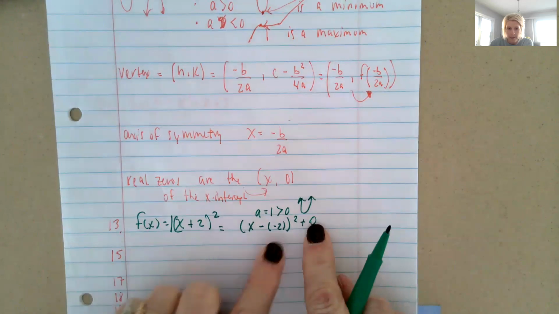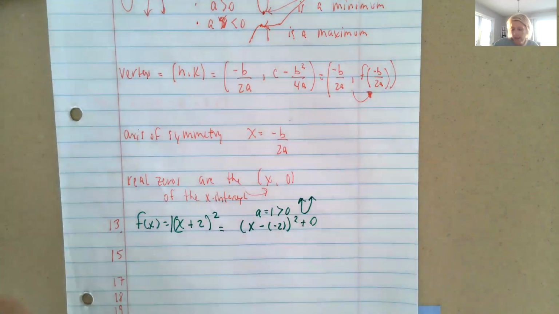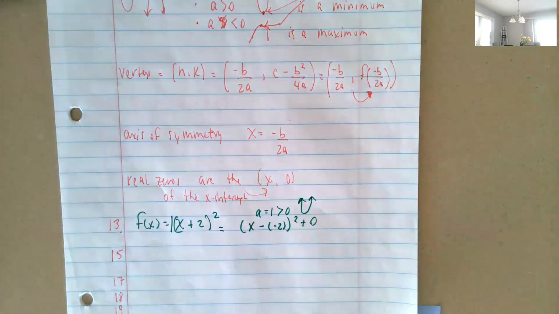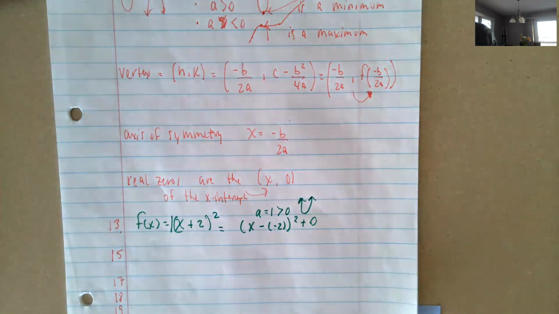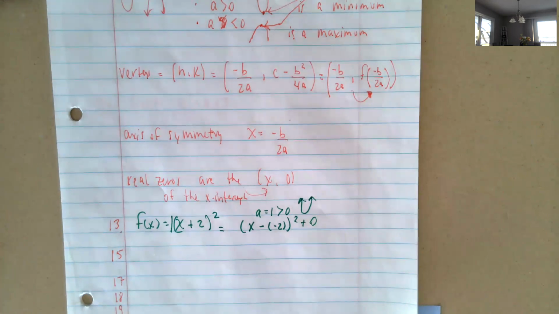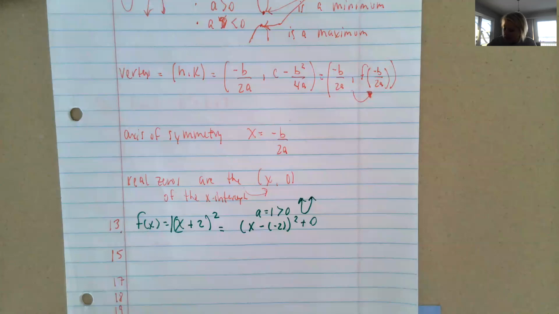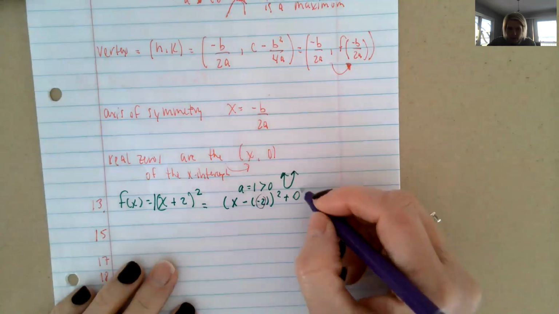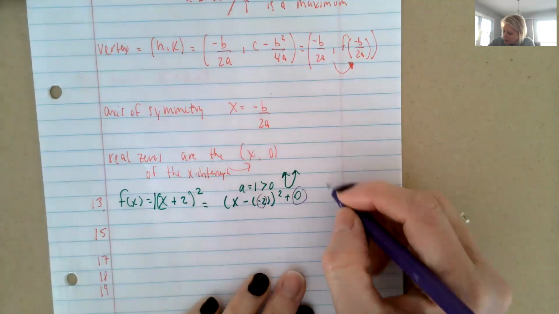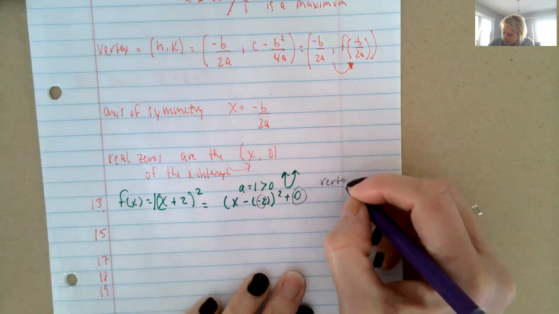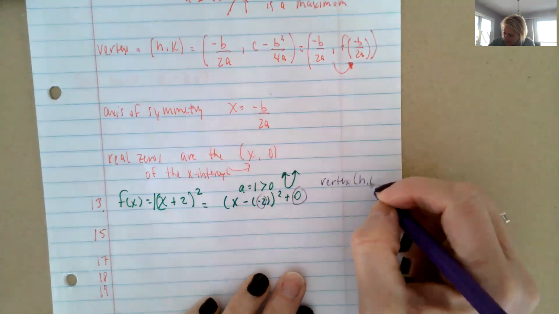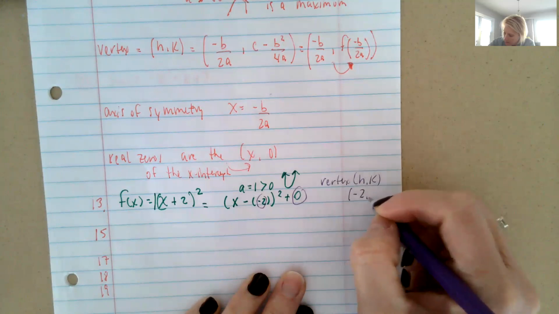There's nothing being added. So that means my h and k, okay, sorry about that. So my h is this -2 and k is my 0. So my vertex is at -2, 0.